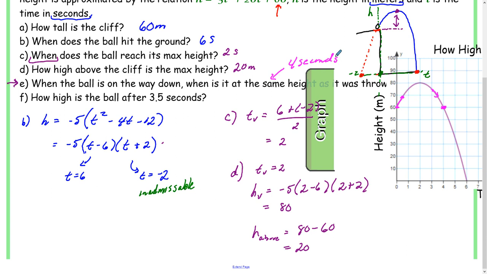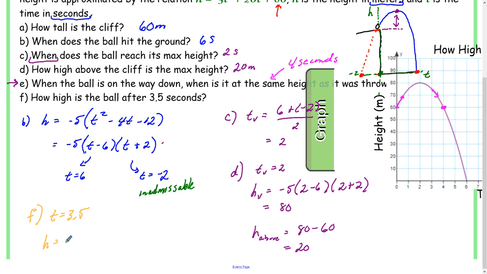And then how high was the ball at 3.5 seconds? Well, that's just a matter of looking at the graph. You could look at the graph and come up with a value. I'm going to plug it into the equation. So at 3.5 seconds, F, so t is equal to 3.5. I'm going to sub it into this equation.